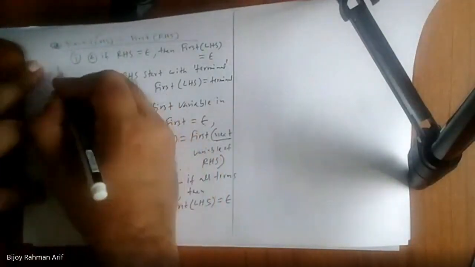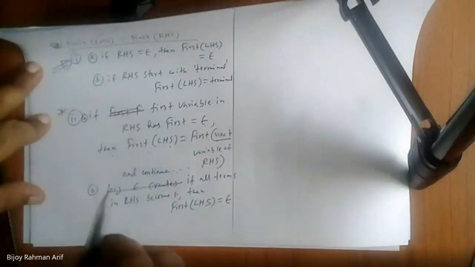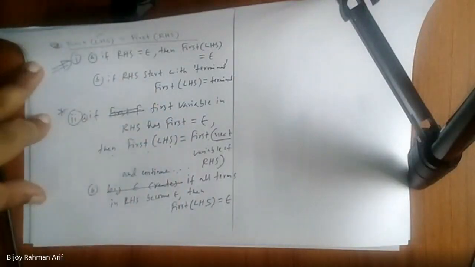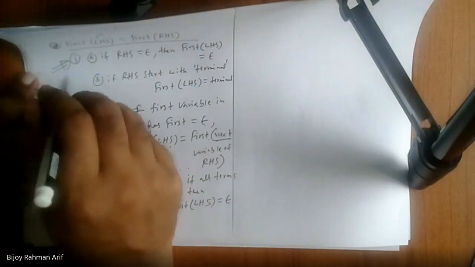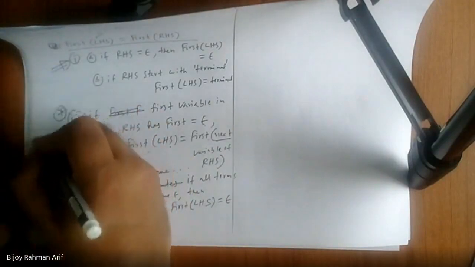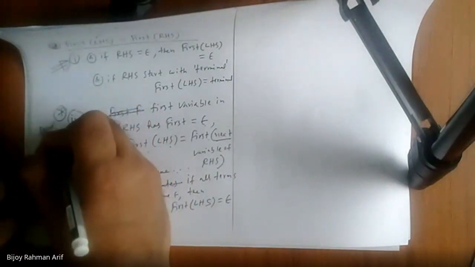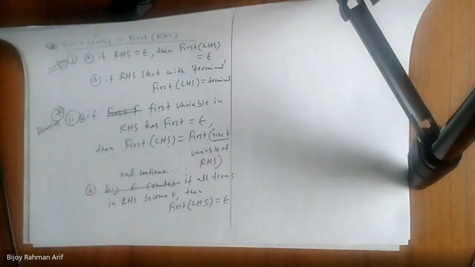These two are fixed. If the right-hand side is epsilon, then first of LHS is epsilon. If RHS starts with a terminal, first of LHS is that terminal. But this one is recursive. Recursively we are doing it, and it generates more and more firsts, and it will change other firsts as well. Am I right? Yes, sir. So let's take an example.